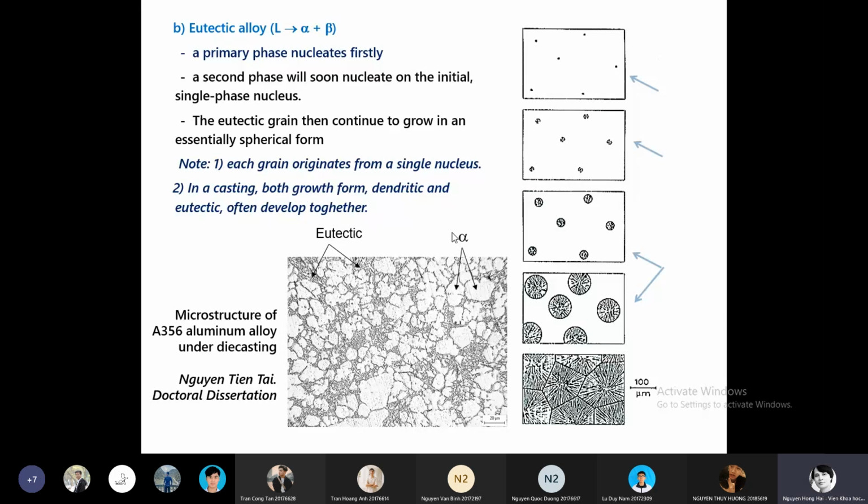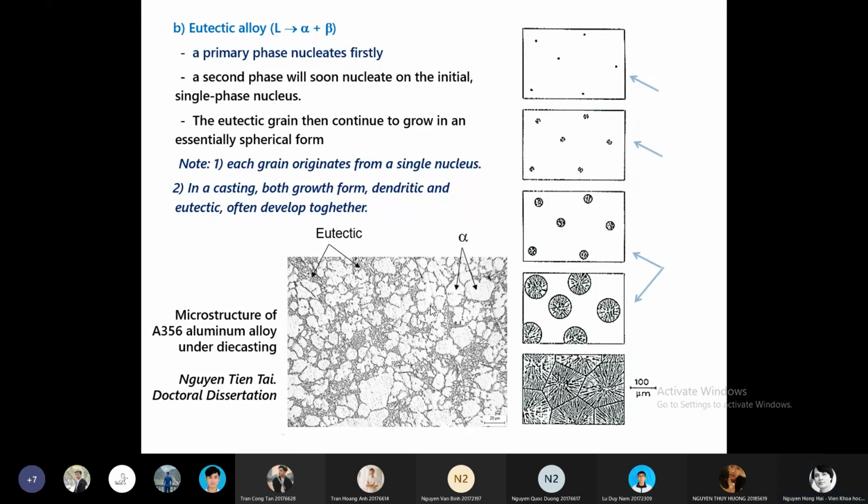In the solidification, both growth forms, dendritic and eutectic, can be developed together. Maybe only eutectic, maybe only dendritic, but in general, they can develop together.